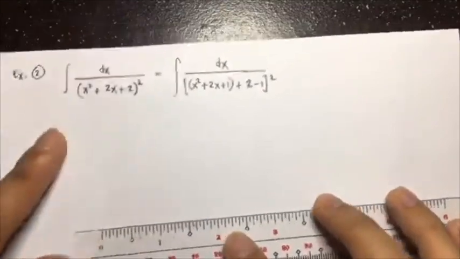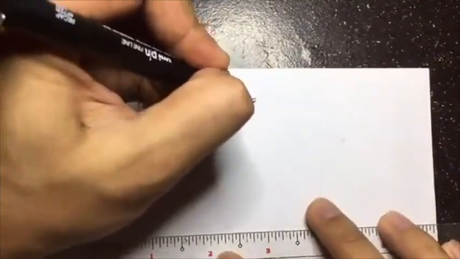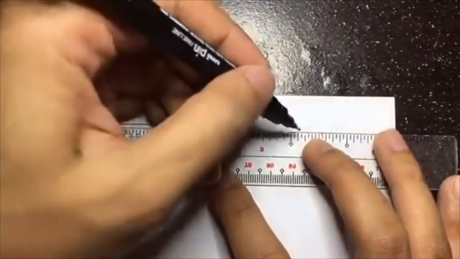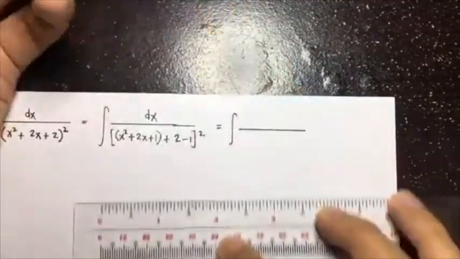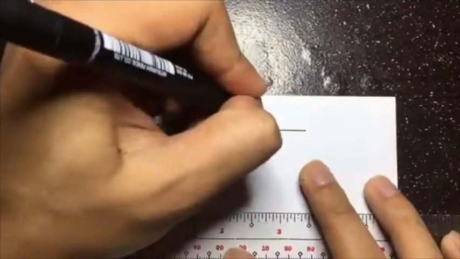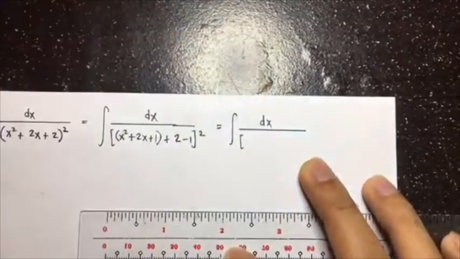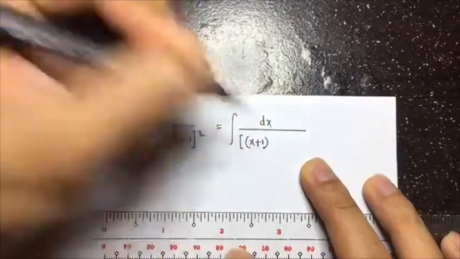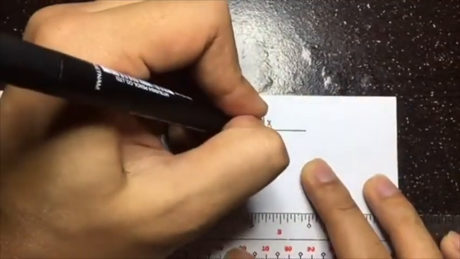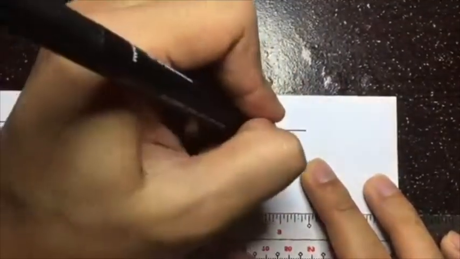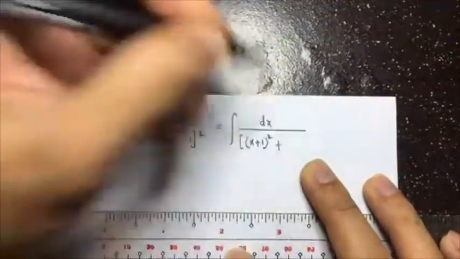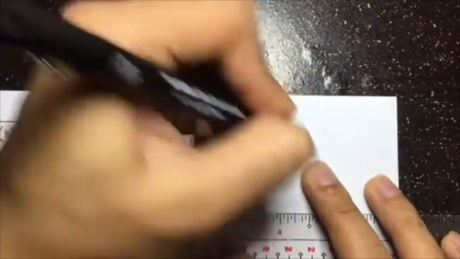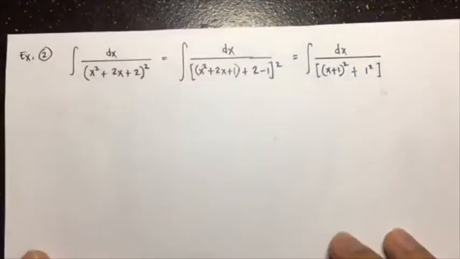This will now become the integral of dx over x plus 1 squared plus 2 minus 1, that's 1, or you can say it's 1 squared.